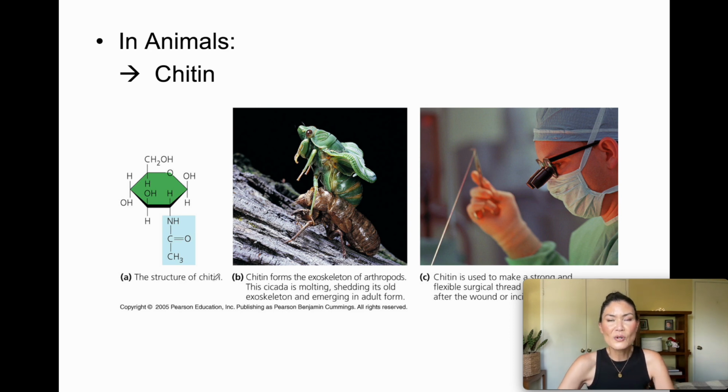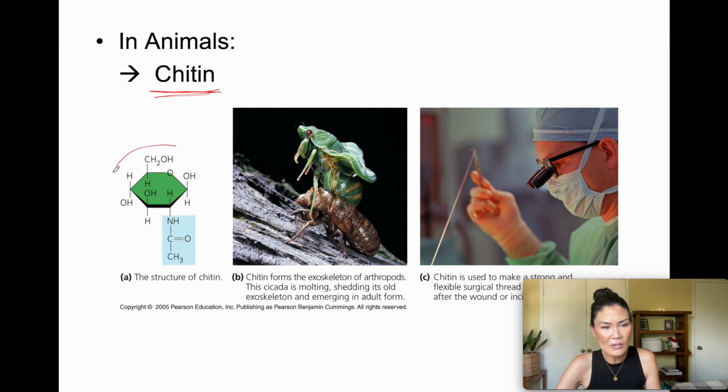Okay, and then for structure in animals, so we talked about how cellulose is the structural polysaccharide in plants, but in some animals, not all animals, the structural polysaccharide is called chitin. Okay, chitin, and chitin looks like this, okay?